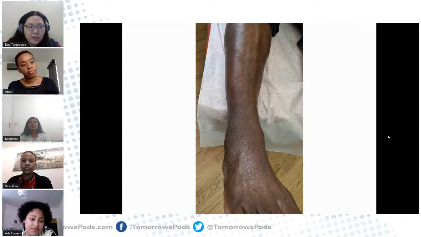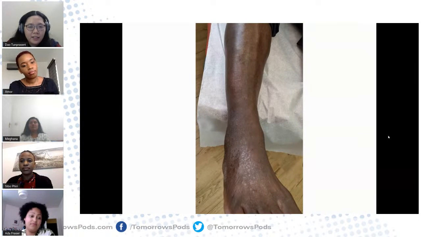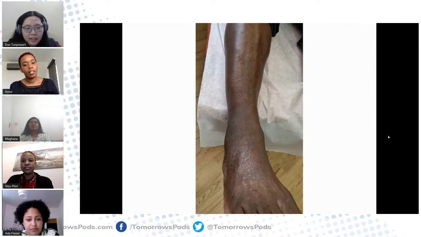Personally, if I saw this photo without seeing these two, just this one, I might not be able to pick anything up just from looking at this ankle. Maybe the slight shininess of the skin around the ankle, but the rest, I might not know whether this is a typical skin color for the patient, for example.